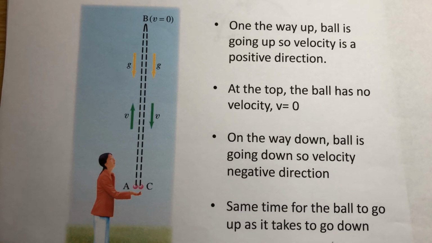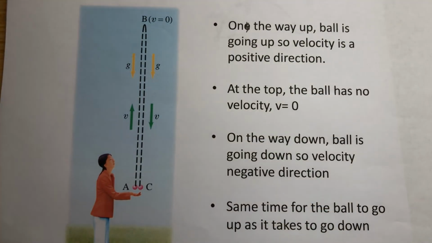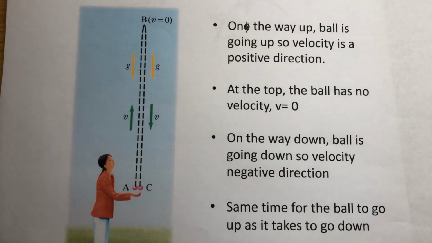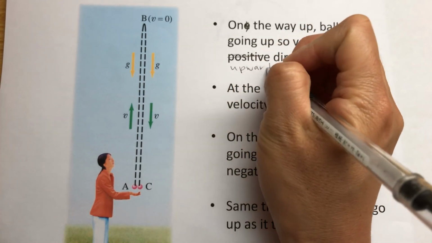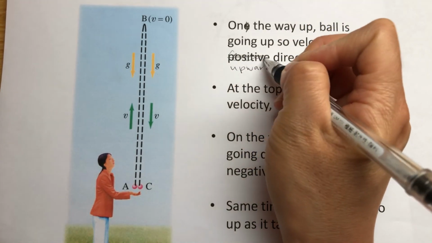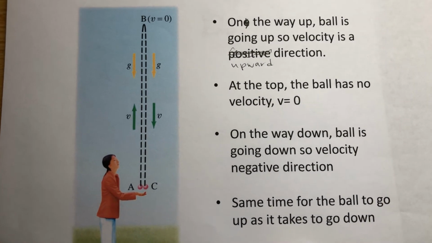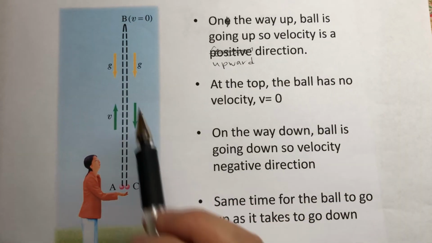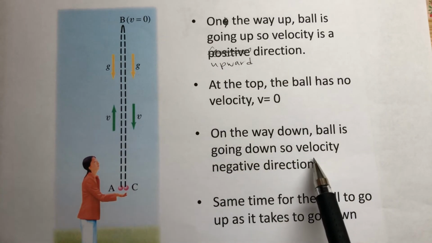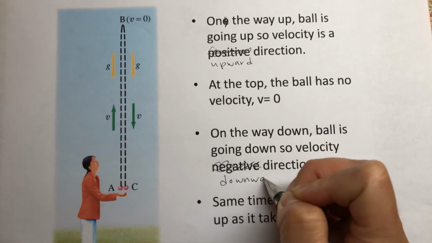On the way up, the ball is going up, so velocity is in an upward direction. On the way down, the ball is going down, so velocity is in a downward direction.